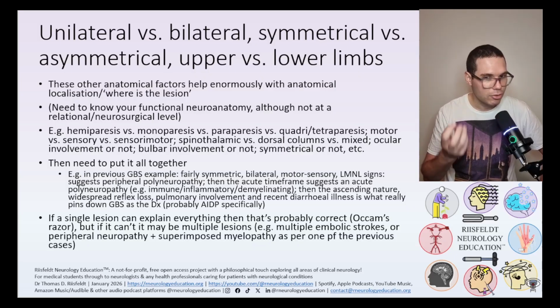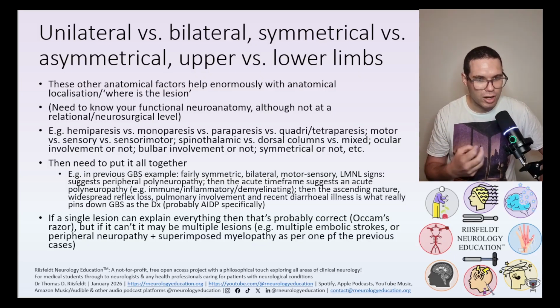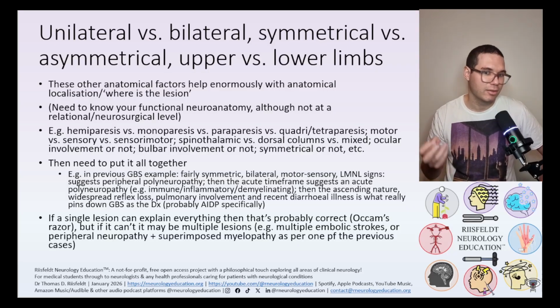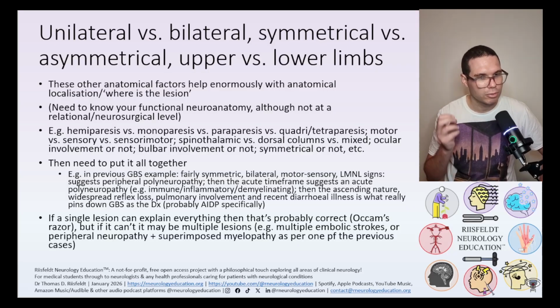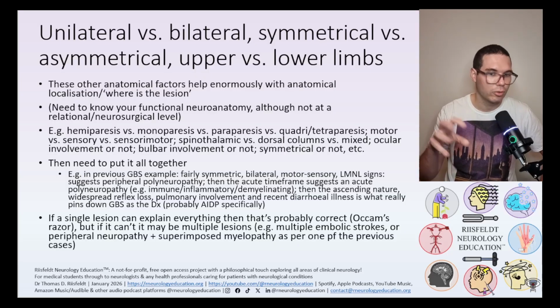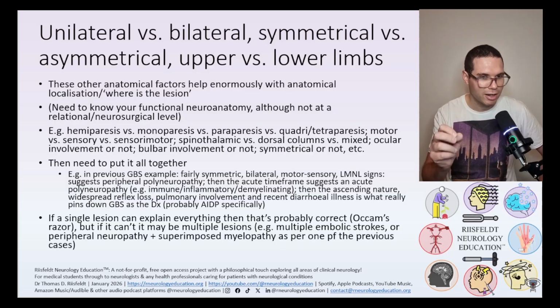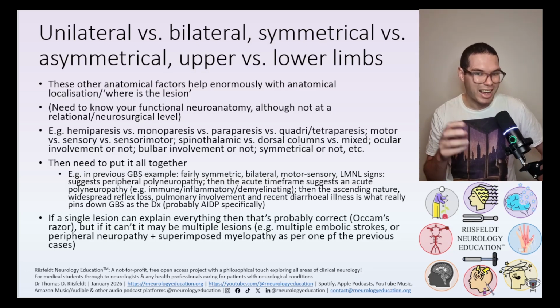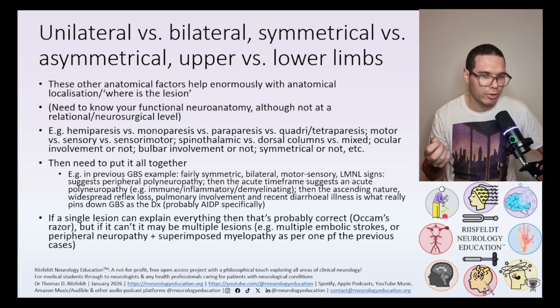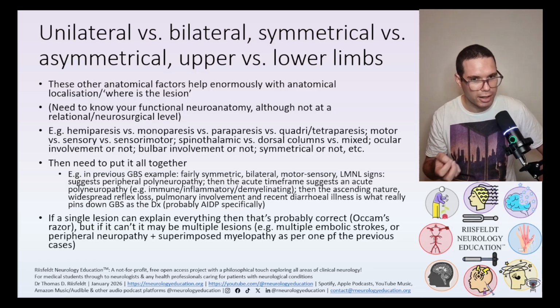And then some additional factors, so the ascending nature, the widespread marked reflex loss, the pulmonary involvement, the recent diarrheal illness. So that's the additional icing on the cake that really pins down the diagnosis of Guillain-Barré syndrome, and probably AIDP, so acute inflammatory demyelinating polyradicular neuropathy, specifically as the diagnosis.